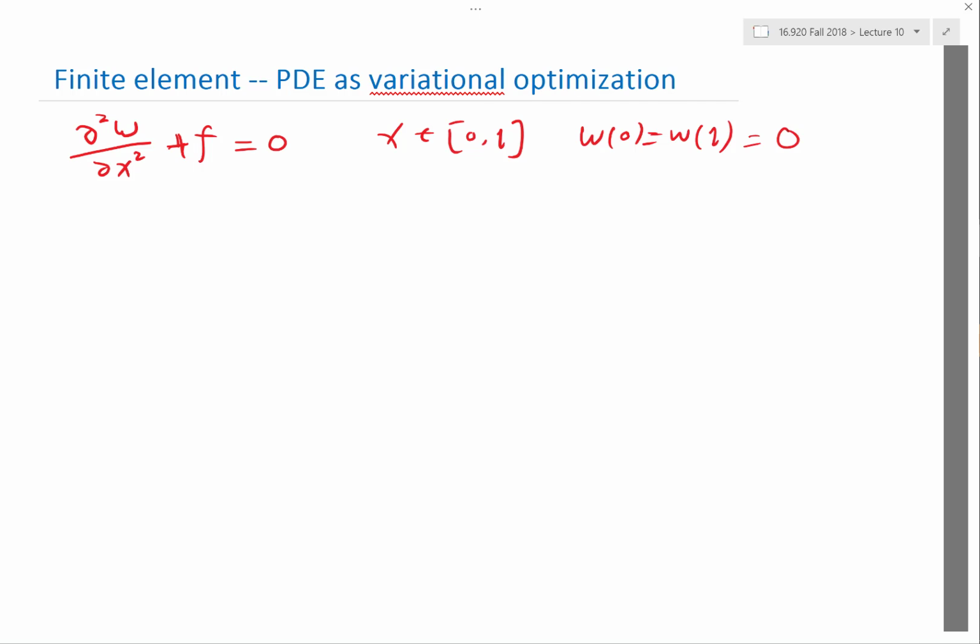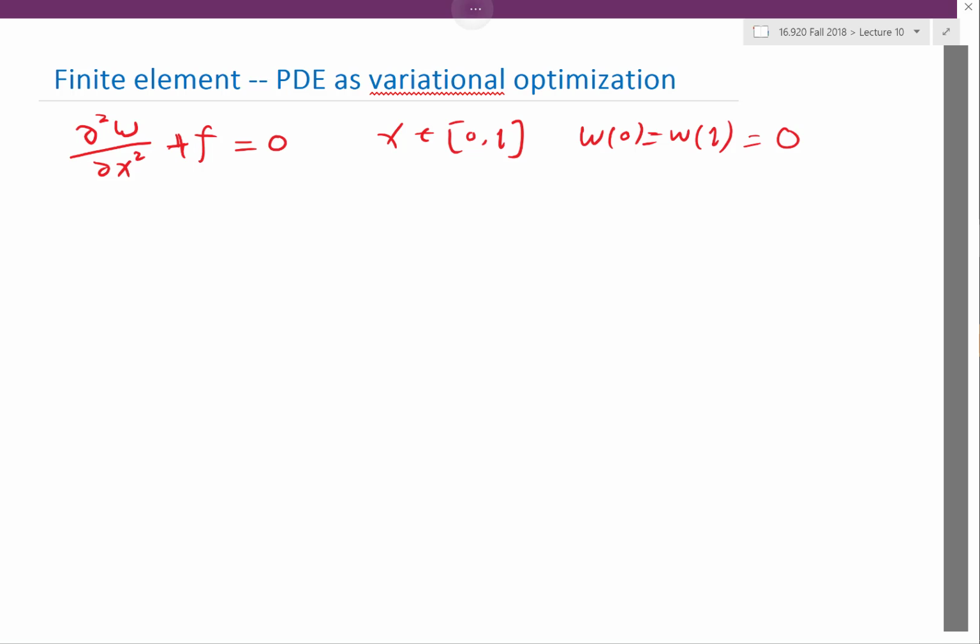Convert the problem into a variational optimization problem and restrict the space into a certain class of functions we call a functional space, a finite dimensional functional space, and then solve that optimization under the restriction into that finite dimensional functional space. Okay, so the first task is really to turn the PDE into a variational optimization problem.